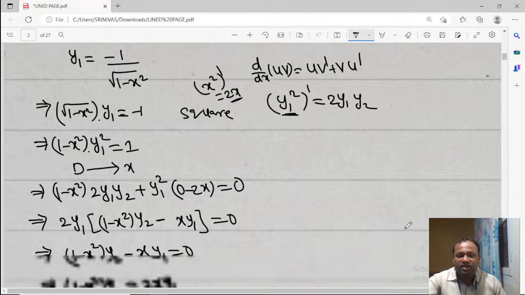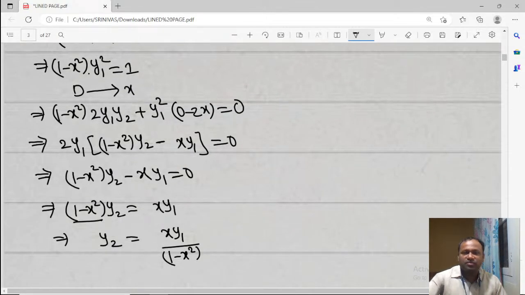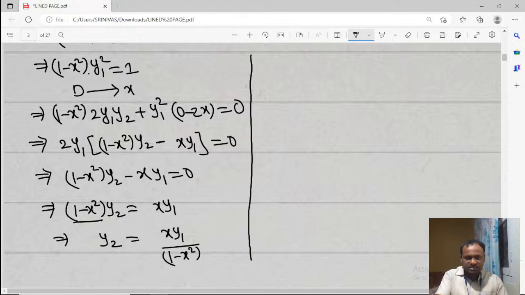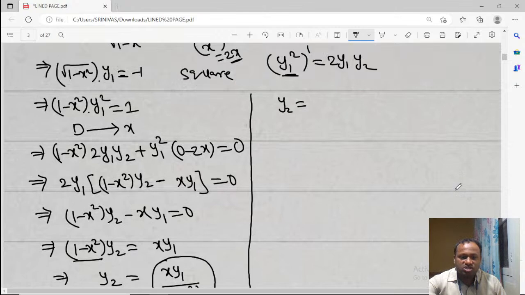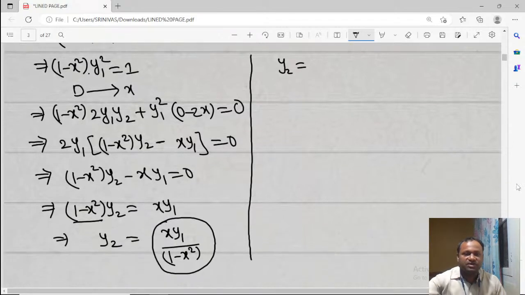We need to find it in y. So I will draw one line like this. Now let us check. y2 is equal to, here we need the answer in y only, but it is in x as well as y1. Okay, how to change? It is very important how to change.